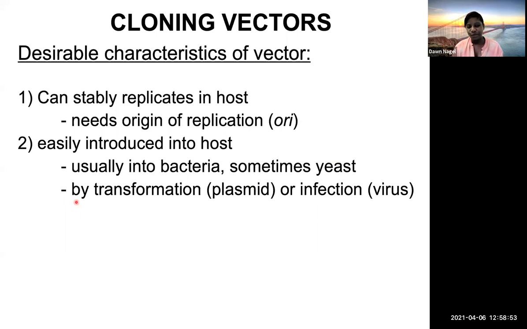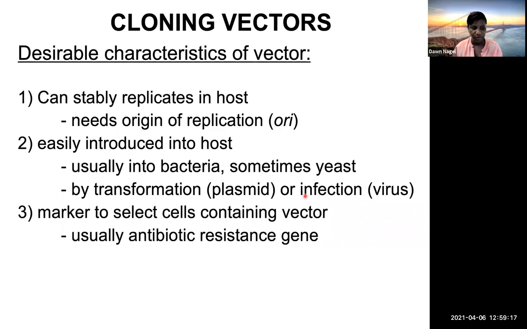And if you're using a plasmid, you will transform that plasmid using one of the multiple methods, but more likely using the chemical method we talked about, which is the easiest, or by infection. And you will get back to that Hershey and Chase experiment where we talked about how you can infect using viruses a little bit later.